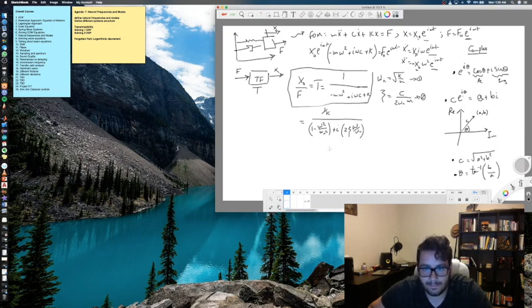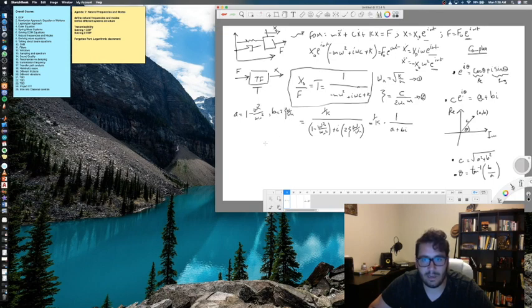Let me take a step back and look at this. This looks very, very familiar. As a matter of fact, I can just write 1 over k times 1 over a plus bi, right? Oh whoops, that's a complex identity. Well, that's great. Now I can identify a as 1 minus omega squared over omega n squared, and b as my 2 zeta omega over omega n.